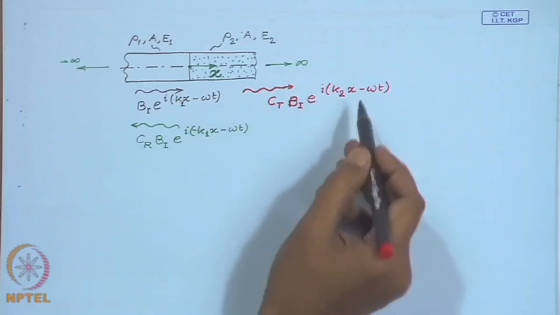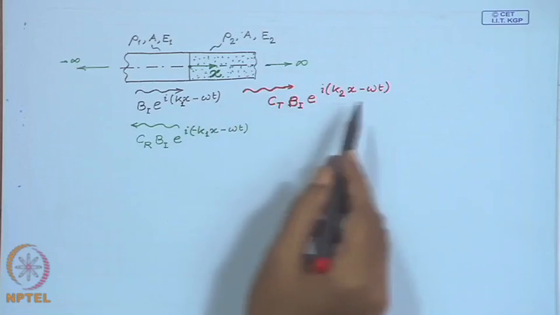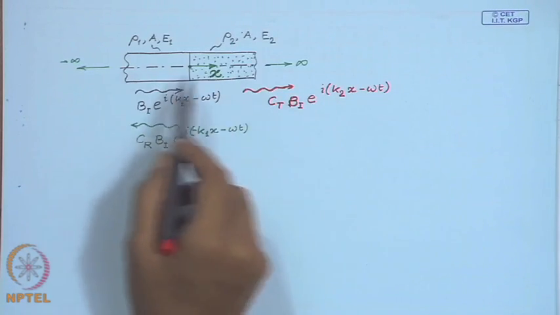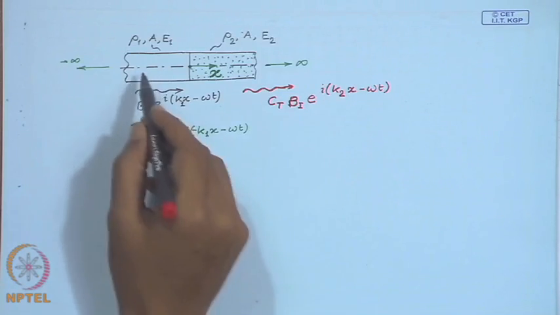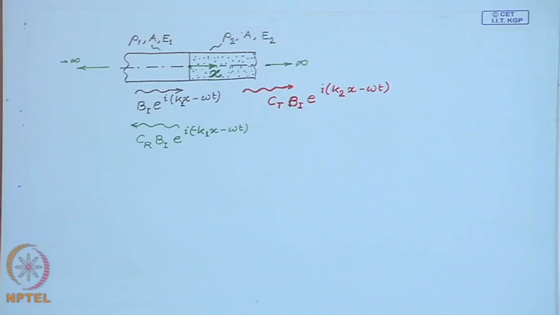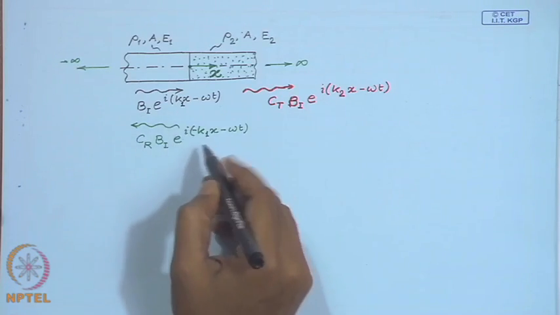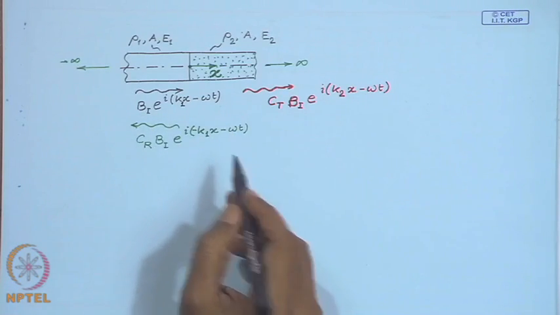Even if you consider them different, you will come to the same conclusion that these frequencies must be the same. This comes from material continuity. So, you must have this frequency is same, but the wave numbers may be different.